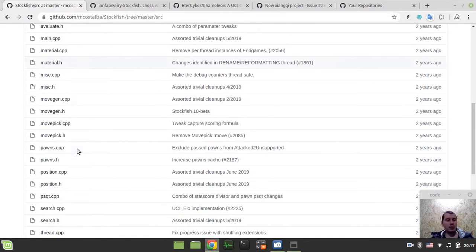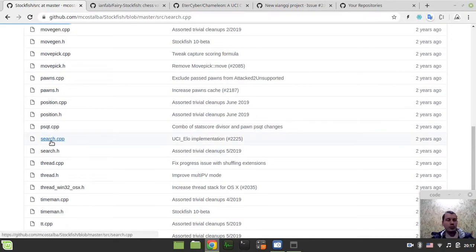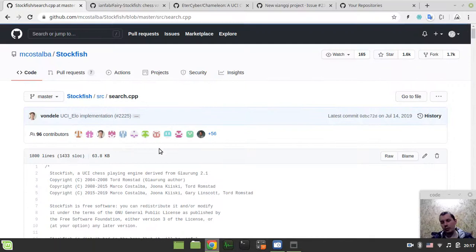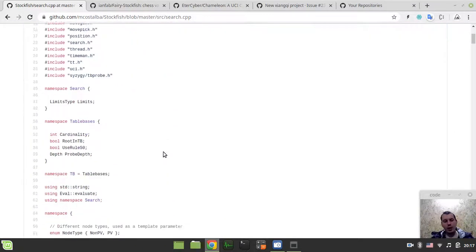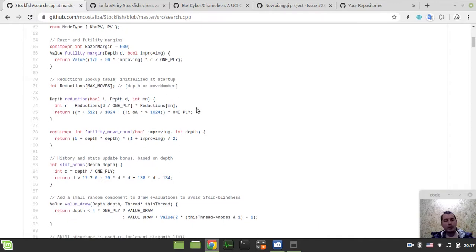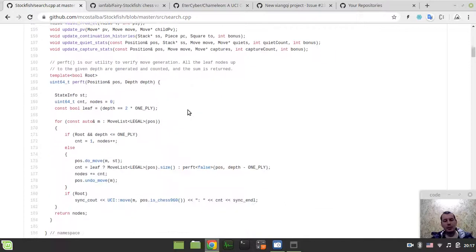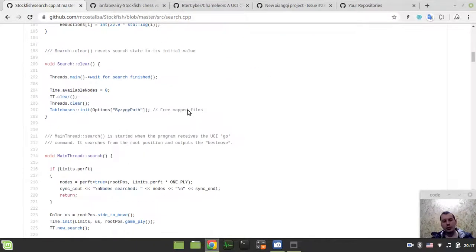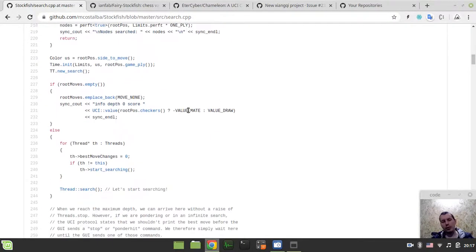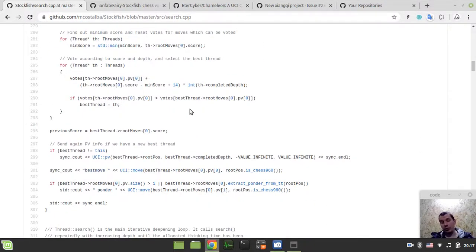But surprisingly, recently I had a look at the search.cpp file of the current version of Stockfish. And what surprised me, first of all, really nice comments seem to be appearing. On the other hand, even some explanations, and the code seems to be really simplified and much cleaner compared to how it was, let's say, 5 years ago.